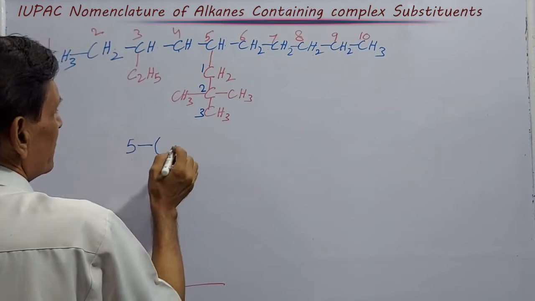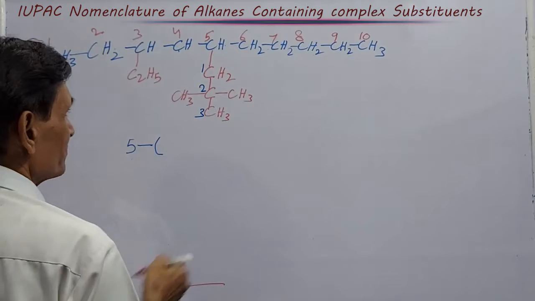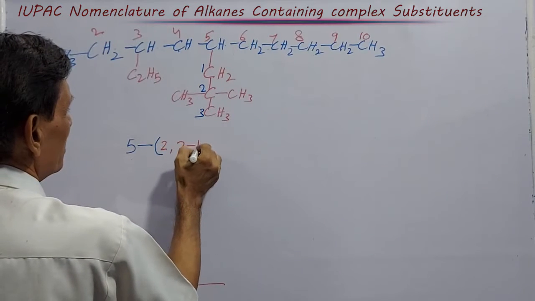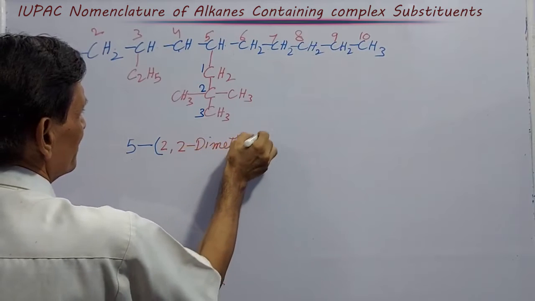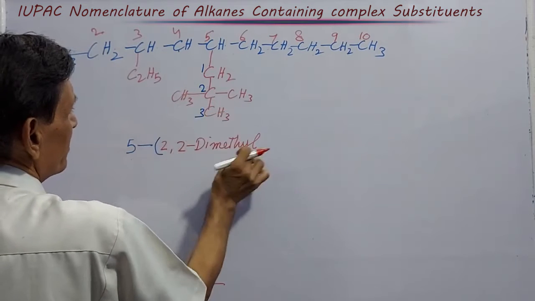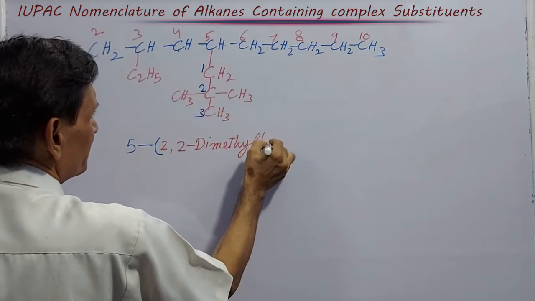Then write in bracket the name of this complex substituent, 2,2-dimethyl propyl. D is the first letter, dimethyl, 1, 2, 3, propyl.